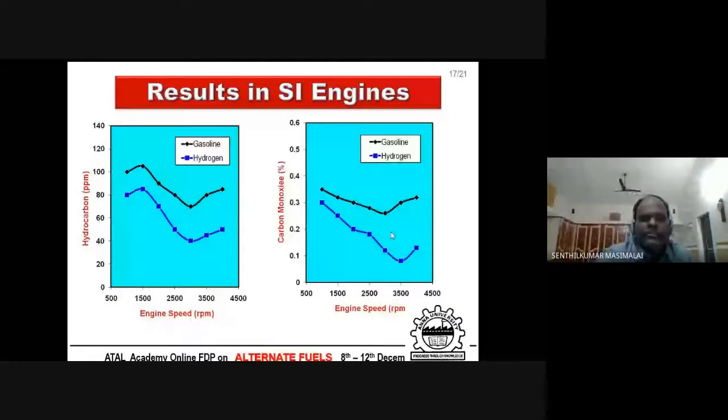Actually, I took these graphs from the literature survey, from a research paper. The author is saying that the hydrocarbon present in this graph is because the fuel he used is not pure hydrogen.